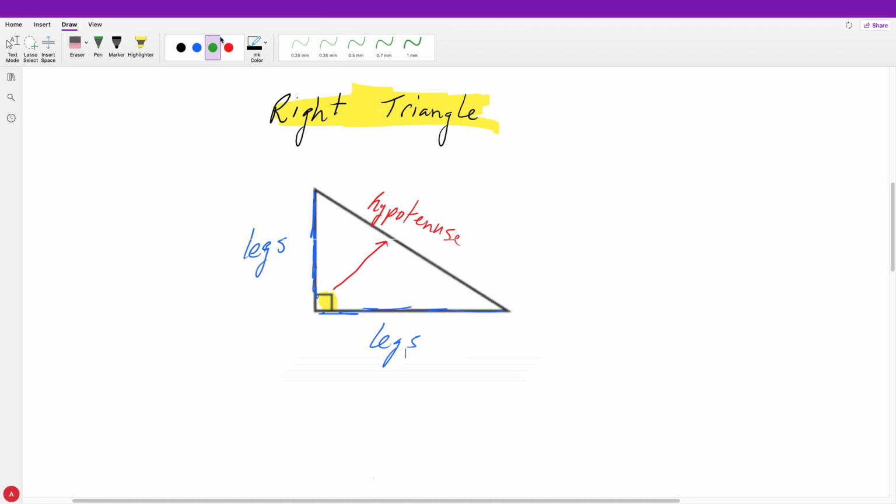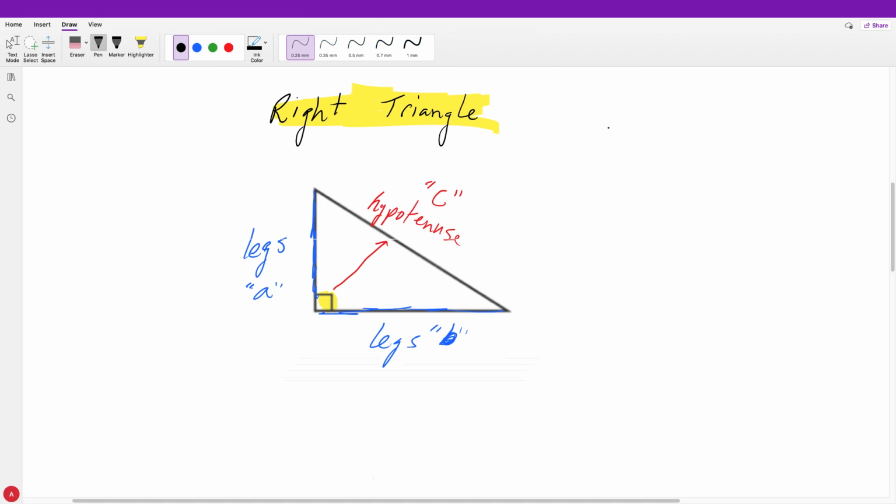When we're dealing with Pythagorean theorem, the hypotenuse will 99% of the time be referred to as the letter C, and the legs will be referred to as A or B. It doesn't matter which one you label A or B, they're interchangeable.